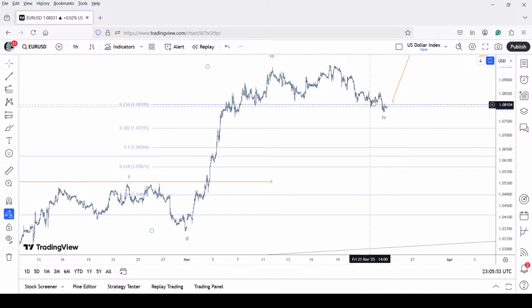So the leading diagonal was not something which was unfolding. It actually unfolded a sideways, maybe a running flat, and one more low. So that could be a five-wave decline. 1, 2, 3, 4, and 5.